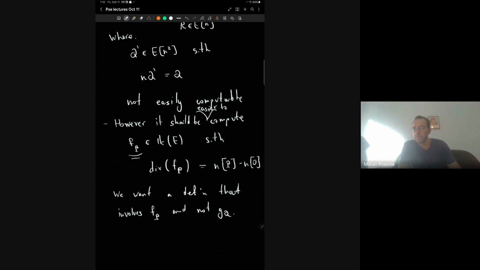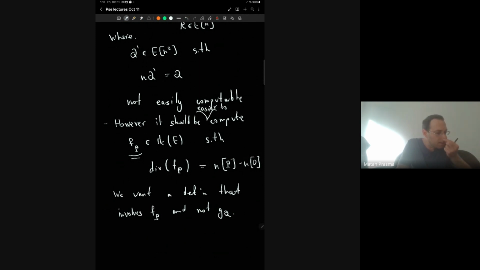So what do we do? What happens is that there are several equivalent definitions of the Weil pairing. This appears in the section on equivalence of definitions of the Weil pairing, which is 6.12 in the notes.